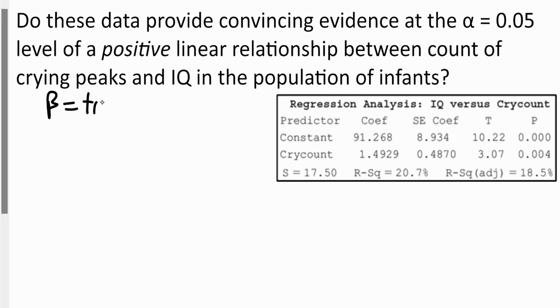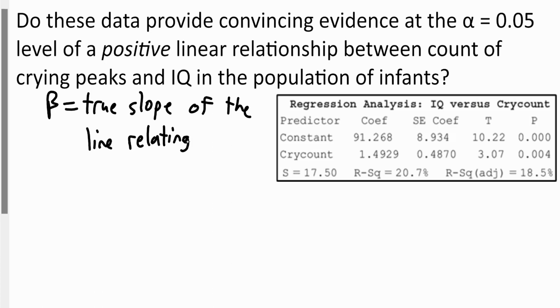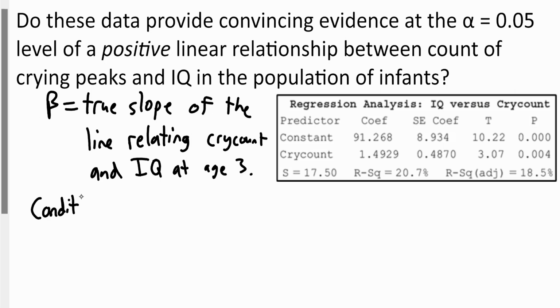It's the true slope of the line relating, we'll say cry count, or the number of crying peaks, and IQ at age 3. Okay? Now, gotta check your conditions. And if you checked them properly, I'm going to make note that they were met and verified.